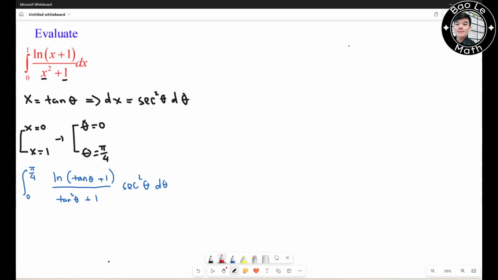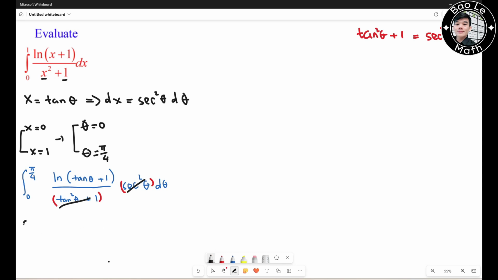Now we have the first formula: tangent squared theta plus 1 is secant squared theta. So basically this and this right here cancel out.